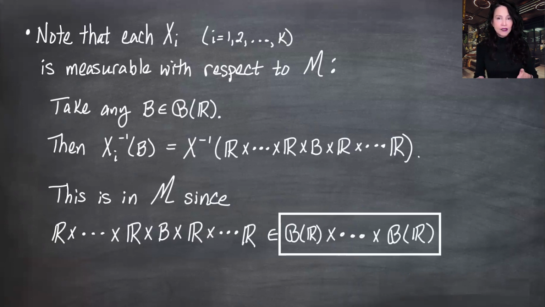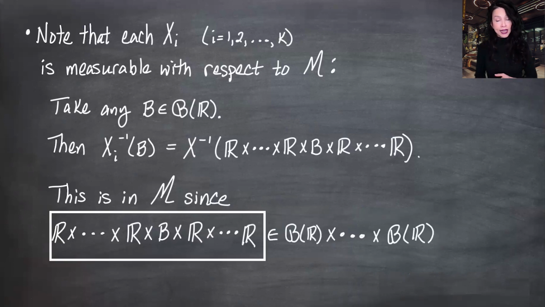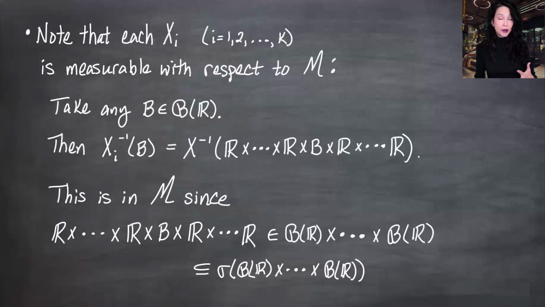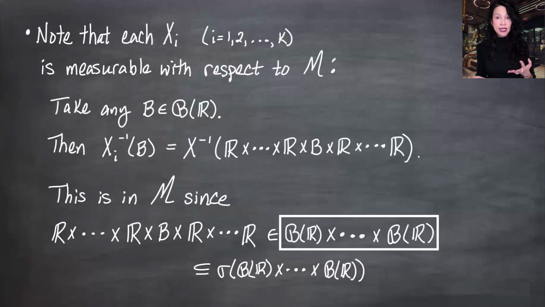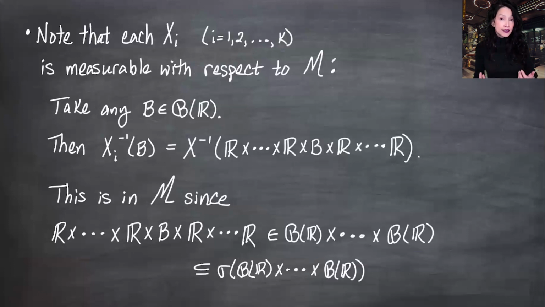Over here, I have k different collections of sets. This is in here, which means this is necessarily in the sigma field generated by this thing, because the sigma field is going to start with these as base sets and build up from there. But last time we showed that the sigma field generated by the cross product of one-dimensional Borel sets is the Borel sets on R^K, in this case, because we have k dimensions.